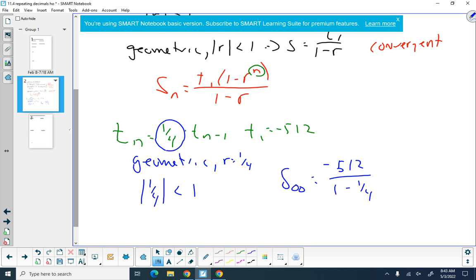All right, today we're going to deal with repeating decimals. Working through repeating decimals.